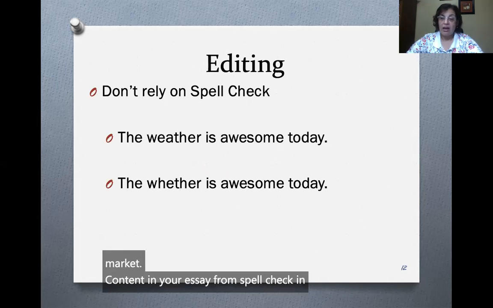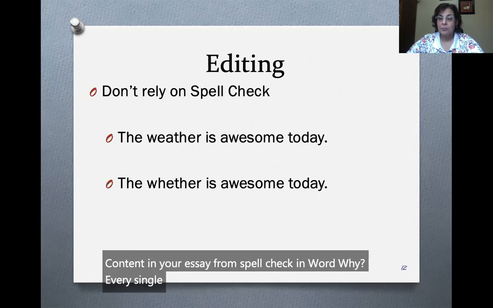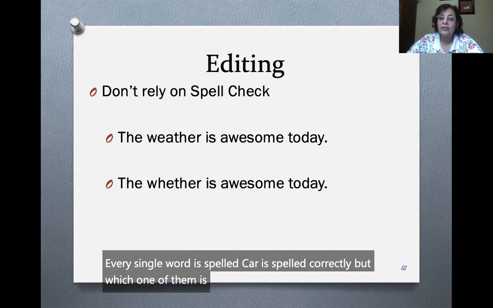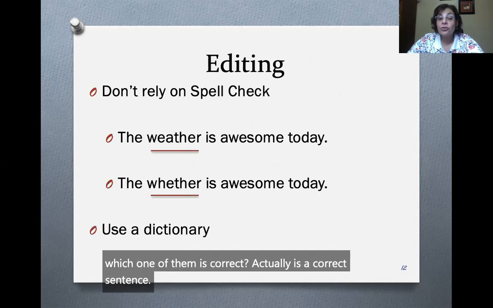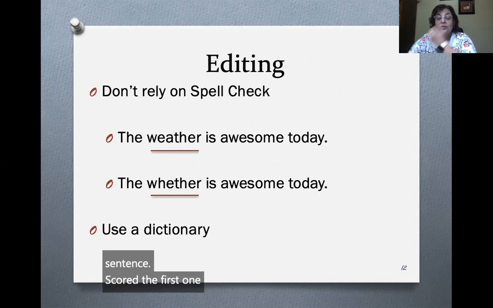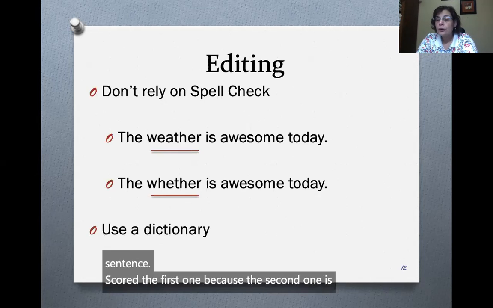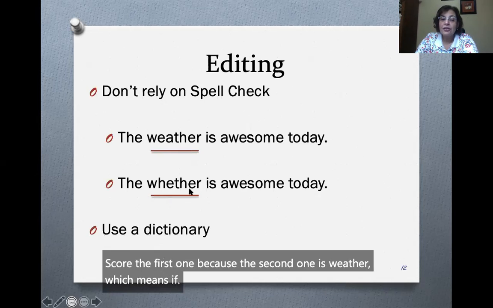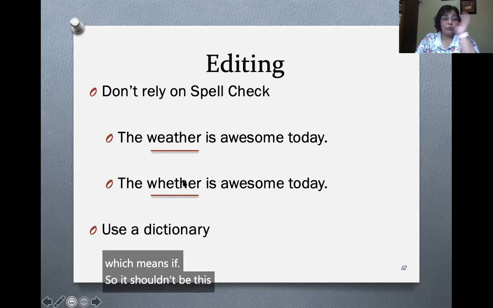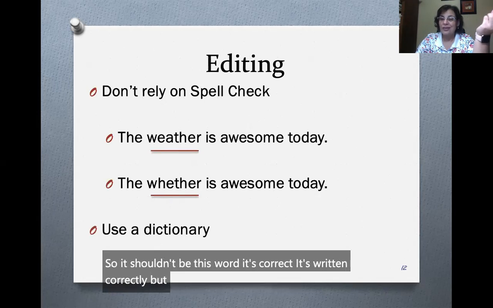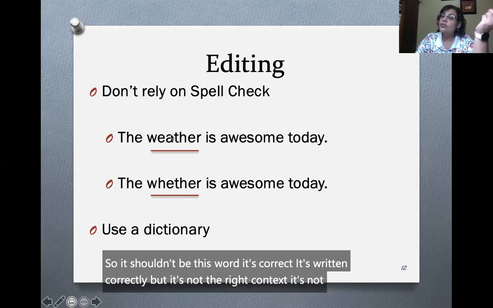Why? Every single word is spelled correctly. But which one of them is actually a correct sentence? Of course, the first one, because the second one has "whether," which means if. So it shouldn't be this word. It's written correctly, but it's not the right context. It's not the right word that you want to use here.